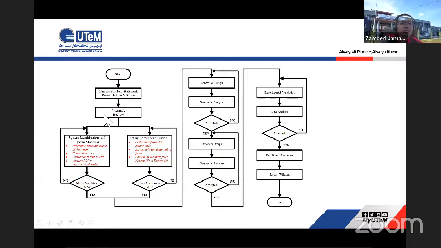Maybe the part on the controller design and analysis is where we obtain our objective two, we design the controllers, together with the observer design. And then experimental validation is where we're going to validate or obtain our research objective number 3.